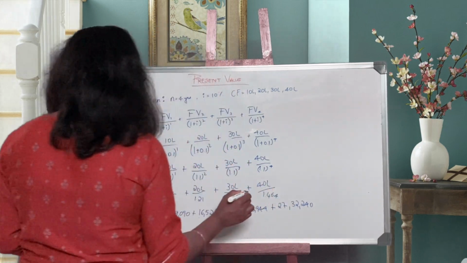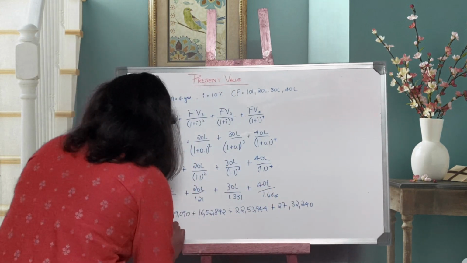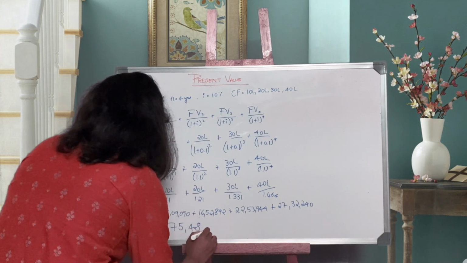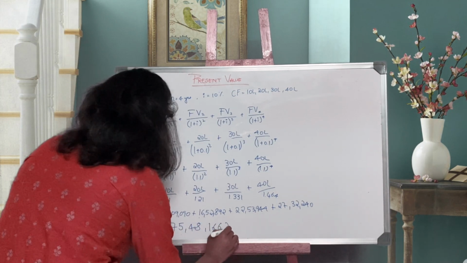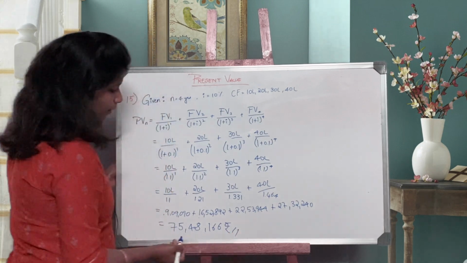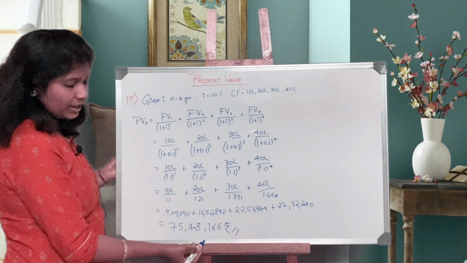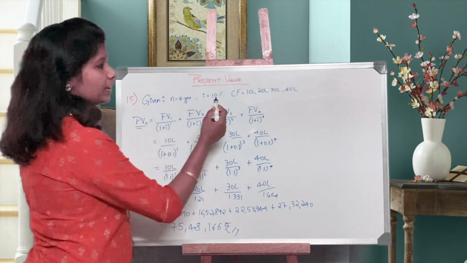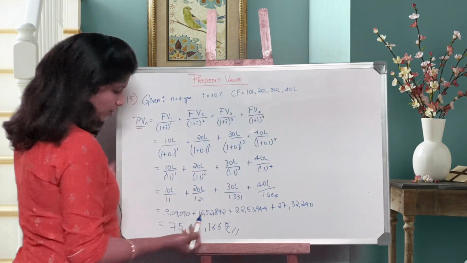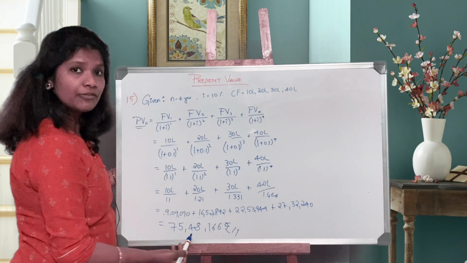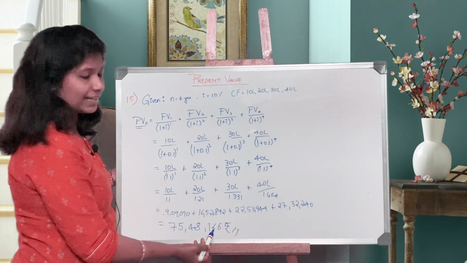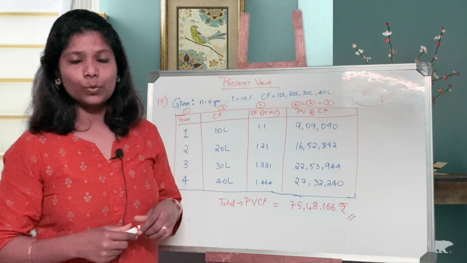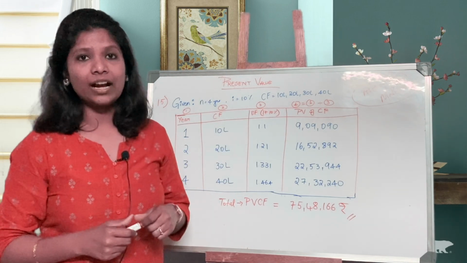So all put together when you add, you will end up with 75 lakh 48,166 rupees. So this will be your final amount, okay? That is the present value of the total cash flows you will be receiving put together. So the present value is 75 lakh 48,166 rupees.